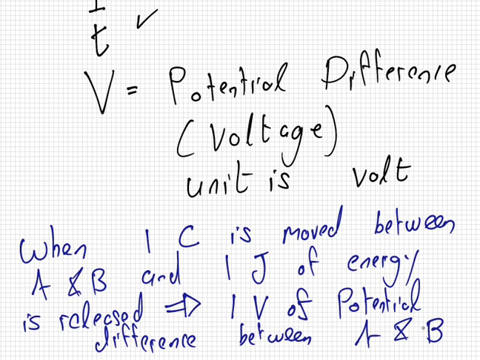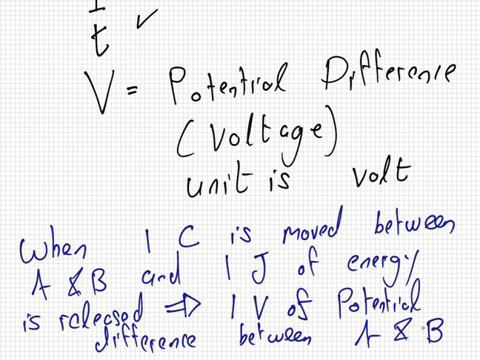If my coulomb is here, and it moves down to here, and it gives me 1 joule of energy, then we say there is 1 volt between A and B. So volt equals joule per coulomb. We'll do the formula in a moment.